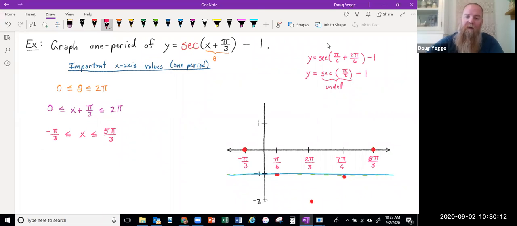So that's why notice the values here, the asymptotes, are not going to be at the zeros of the function, but instead they're going to be at where the new midline is going to be. So we can draw our asymptote here at pi over 6, and we draw another asymptote at 7 pi over 6.